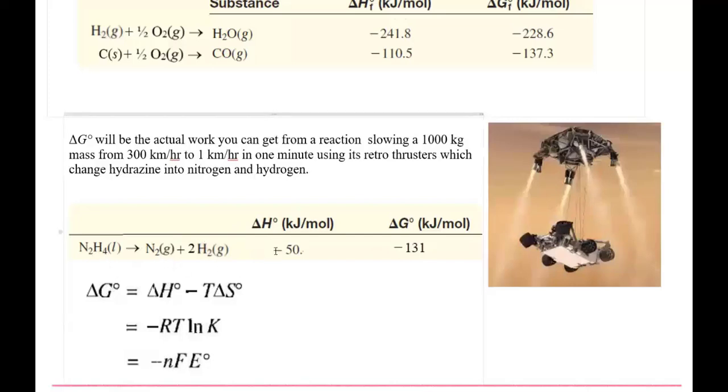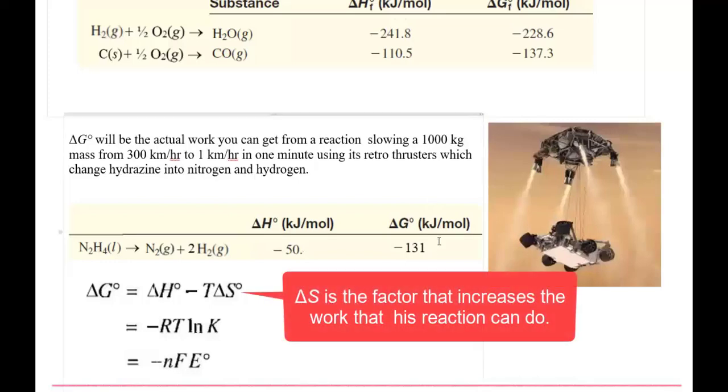You get a loss of potential energy of negative 50 kilojoules for a mole of liquid hydrazine as it decomposes. That's the change in enthalpy. But these thrusters are effective enough to get 131 kilojoules of work done. Joules are defined by applying a force over distance. So these thrusters are forcing and slowing down this thing, and you get this much energy out of it.